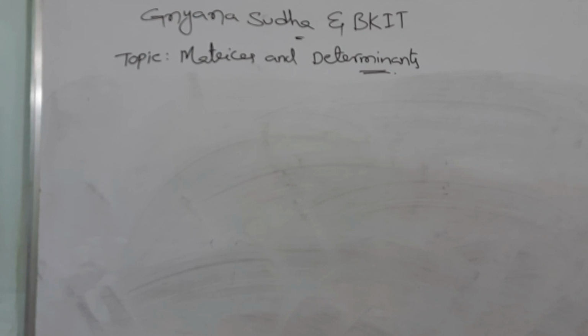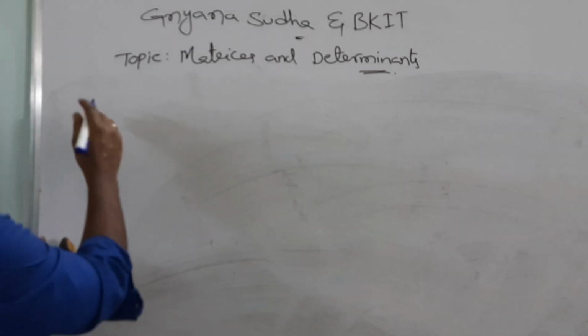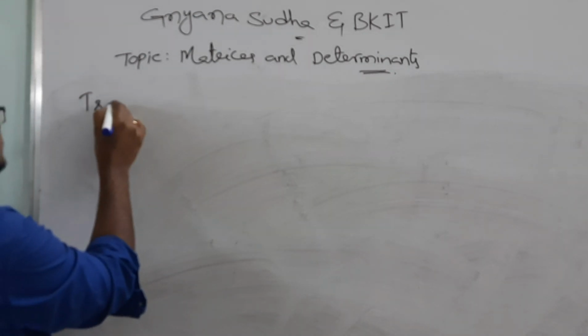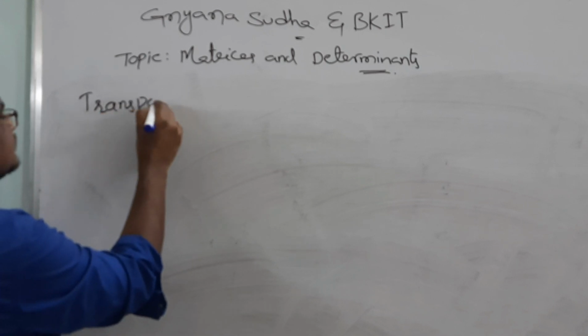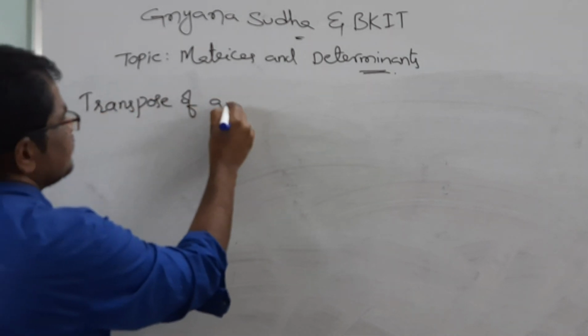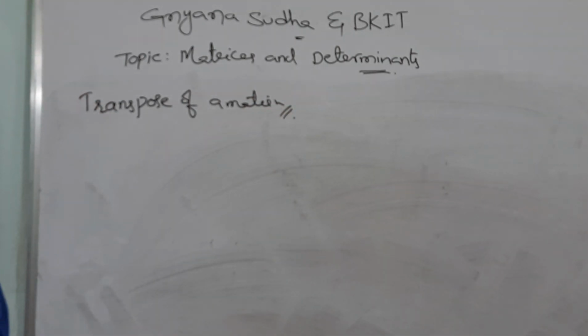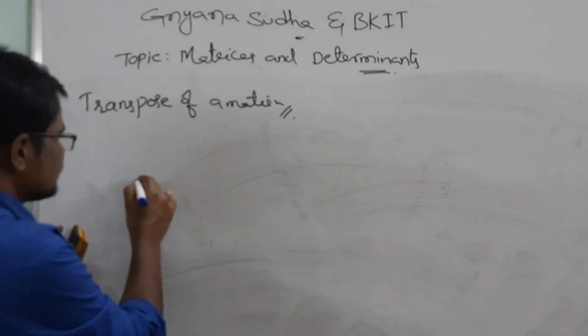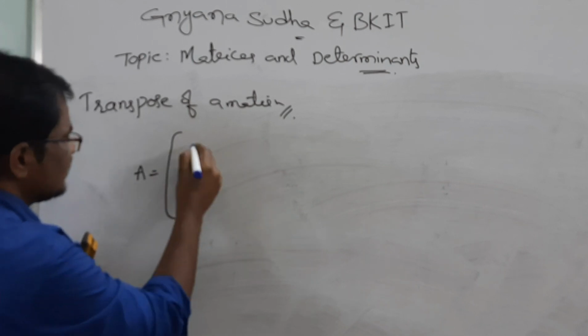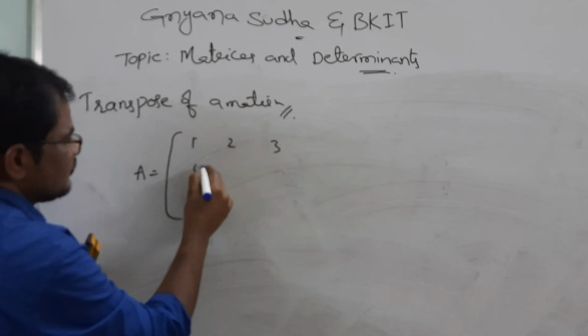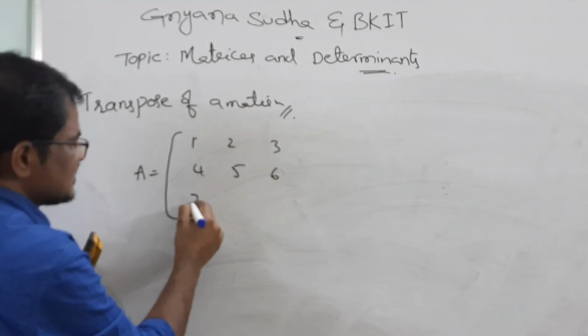Next, transpose of a matrix we have to discuss. Transpose of a matrix is nothing but a simple meaning here. Suppose I take one example, 1 2 3, 4 5 6, 7 8 9.